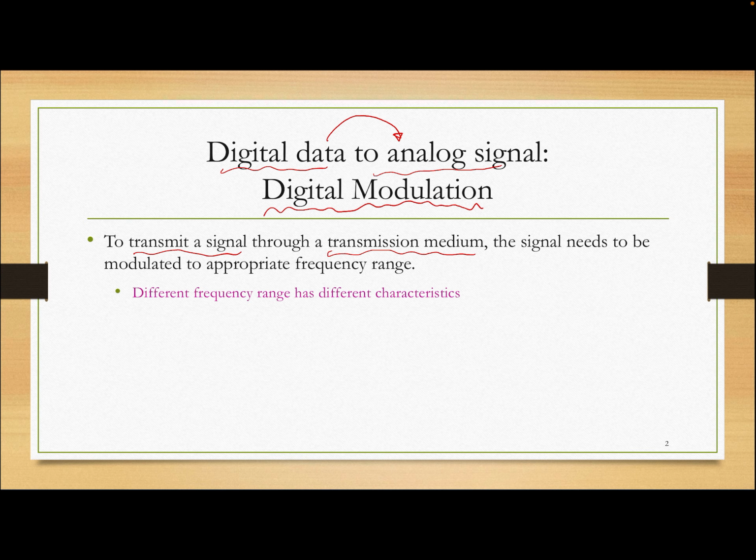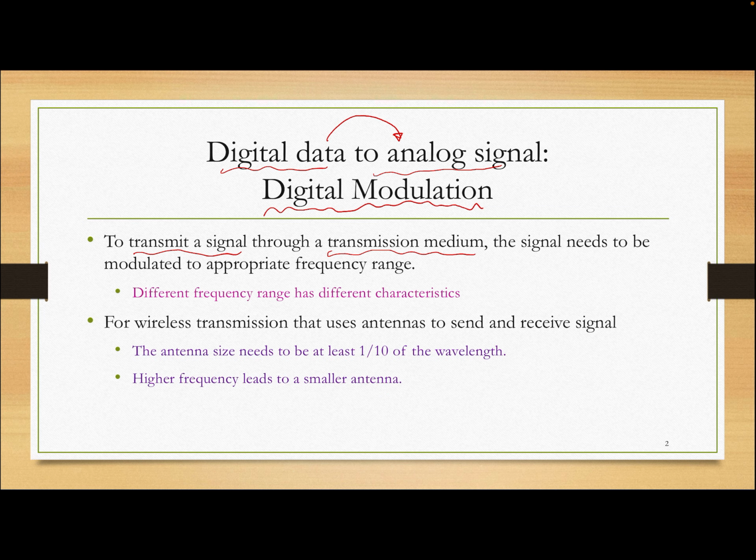As you know from the clip on the transmission medium, we have learned that different frequency ranges have different characteristics: some is a ground wave, some is a sky wave, some is a wireless transmission with line of sight communications like microwave. So if you want to transmit your data with an analog signal, it has to be in the correct or appropriate range of frequency.